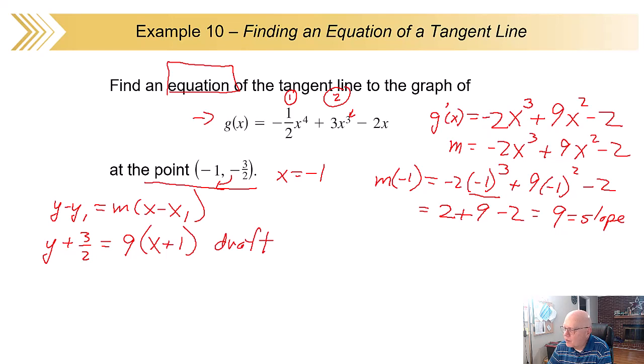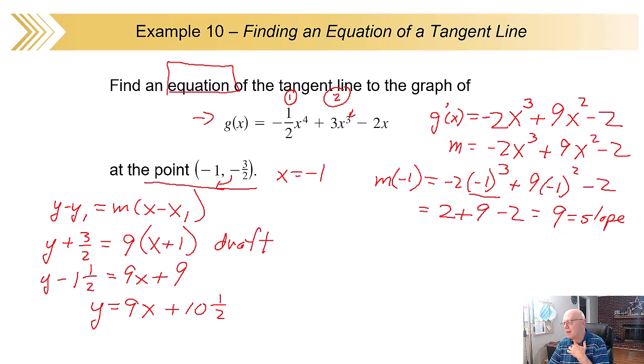So let's see what we've got. y minus 1 1/2 equals 9x plus 9. Add the 1 1/2 to both sides. y equals 9x plus 10 1/2, also known as 21/2. There's the equation.